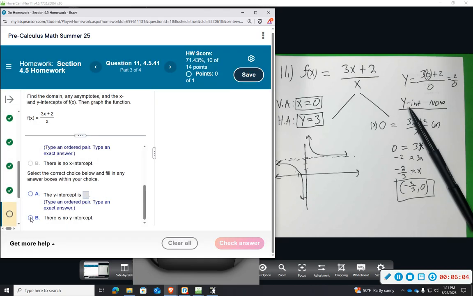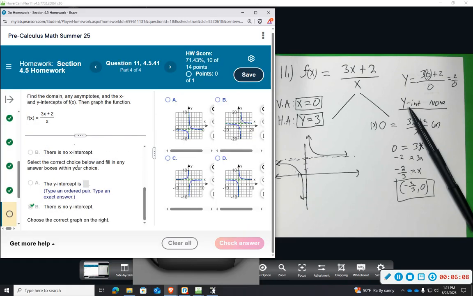Y-intercept, there was none. And then it wants us to choose the correct graph. So I'm looking for between D and B, which looks more correct.